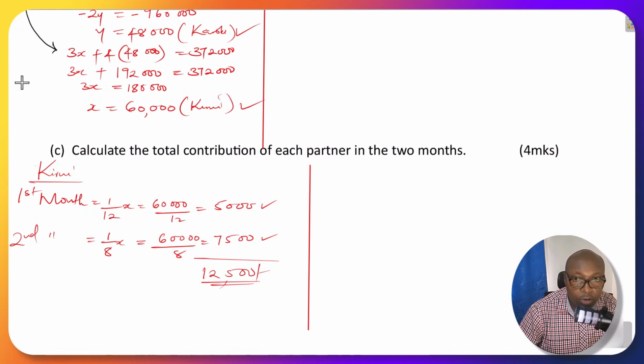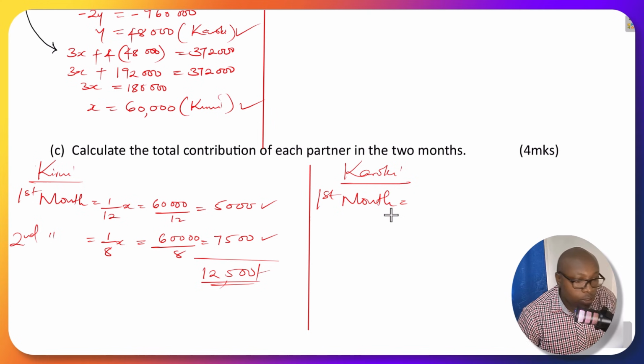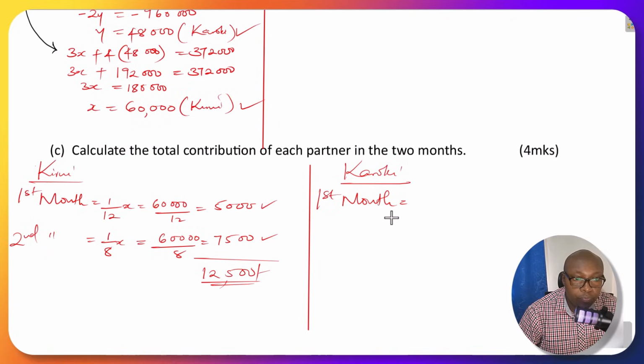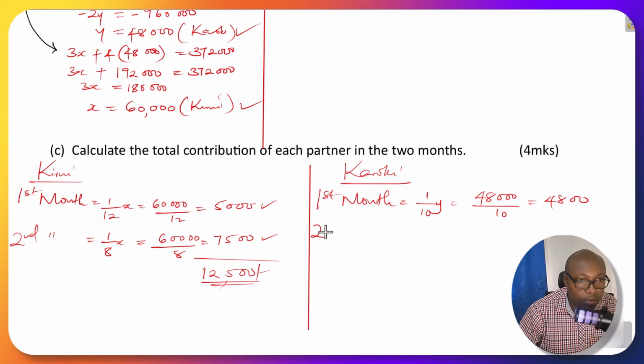So you go for Karoki. First month. For the first month, we have the amount there from the equation, a tenth of y. We got y to be 48,000 divided by 10, so this will be 4,800.